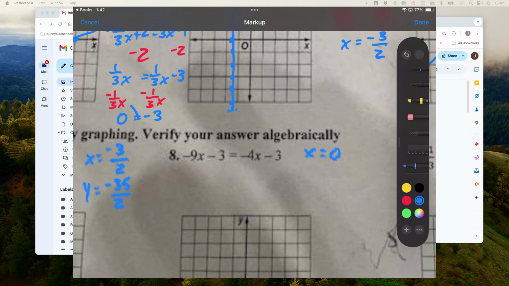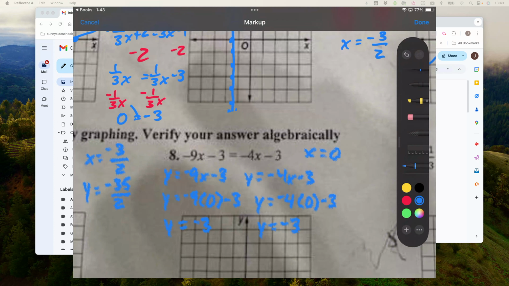If we test that and put it in, and we separate this into two separate equations, y equals negative 9x minus 3, and y equals negative 4x minus 3, and we put 0 in there for those, in both instances we end up with y is equal to negative 3.